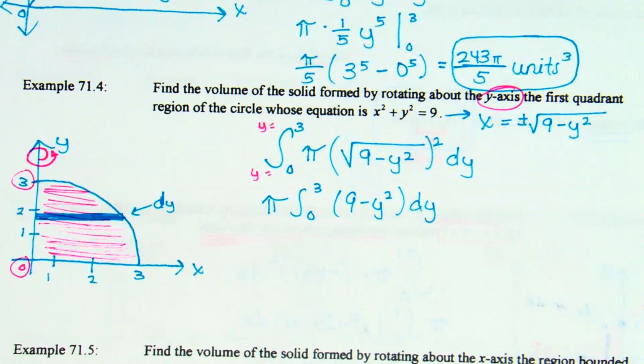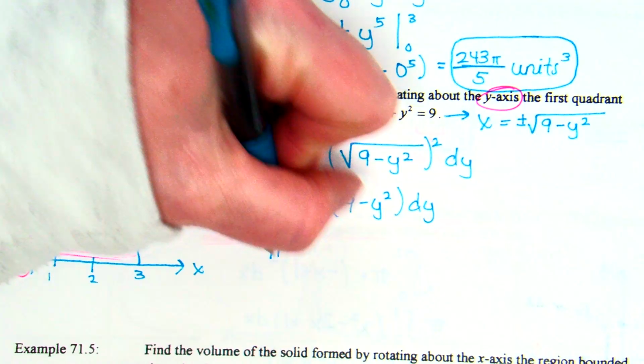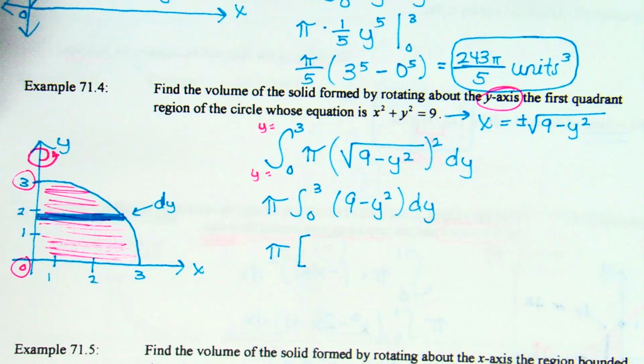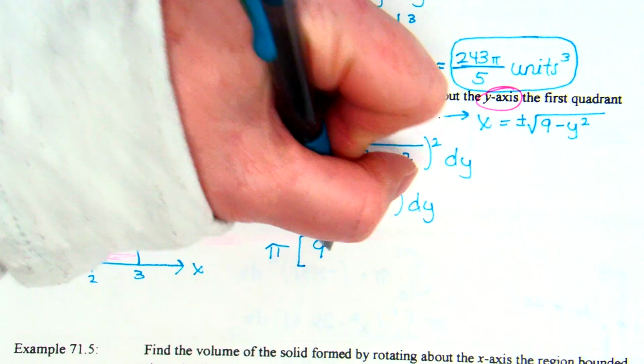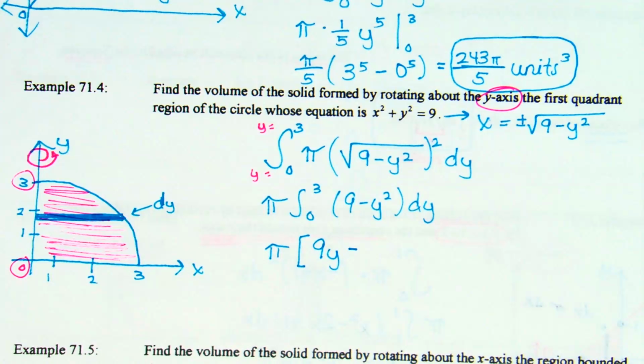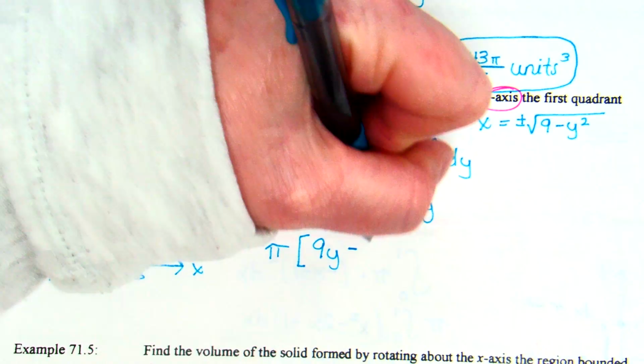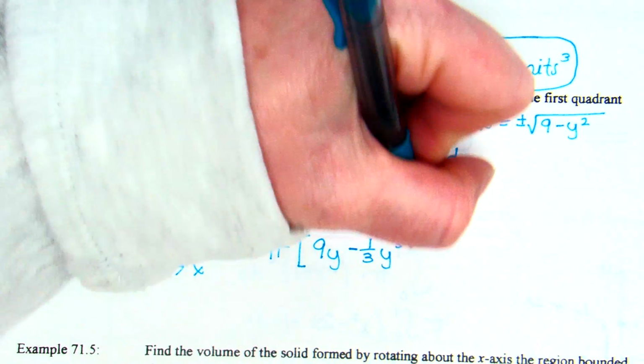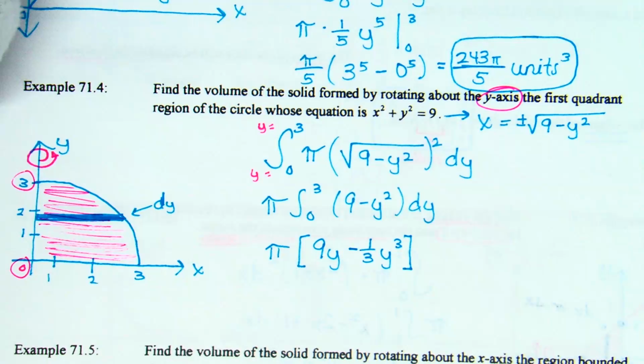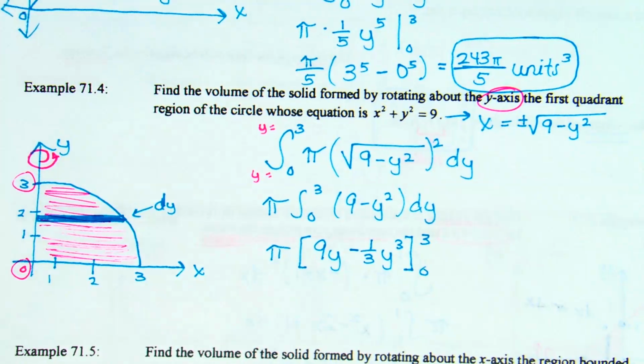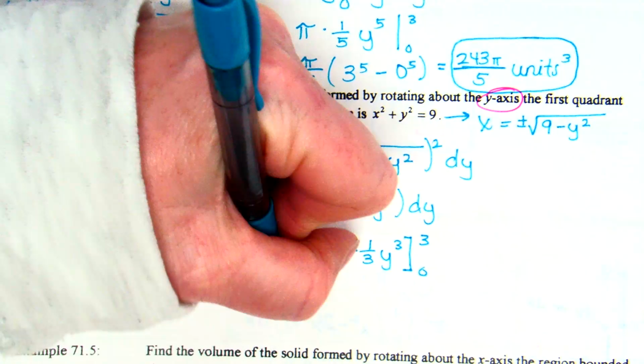Pi out front. The integral of 9 is 9y minus the integral of y squared. Y third, 1/3 y cubed. Evaluated from 0 to 3. Pi is still out front.